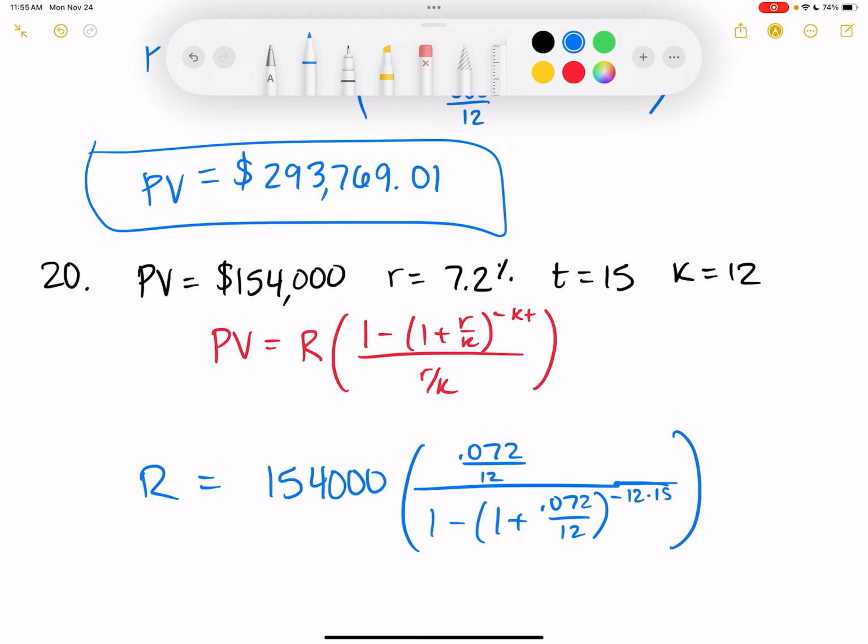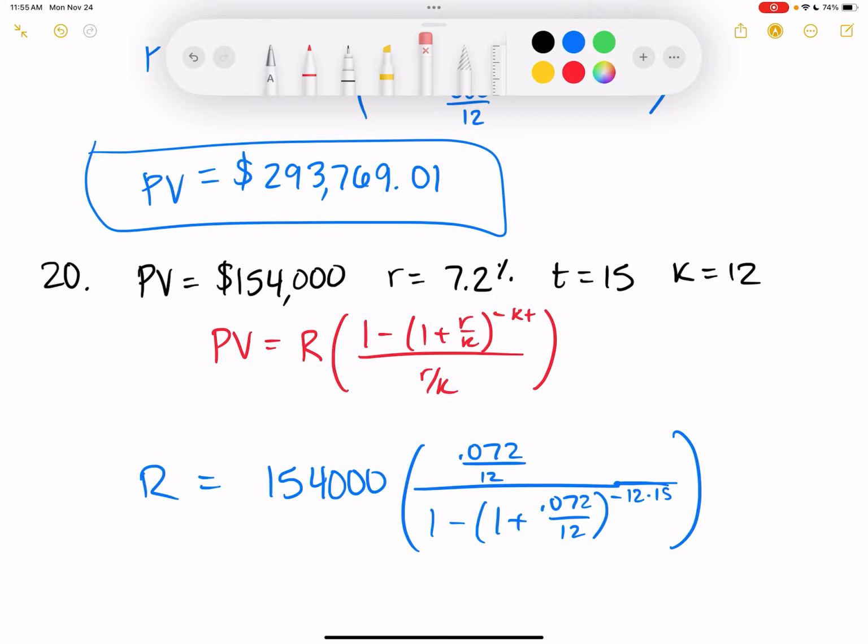Or I can do it like this. If I have like 3 equals 2/3 x, I would multiply both sides by 3/2 so that everything on that side cancels. That's what I said.